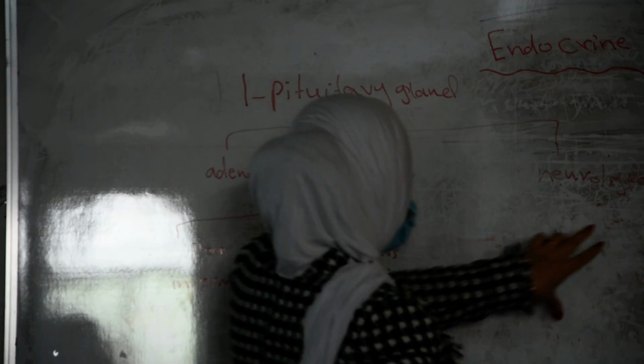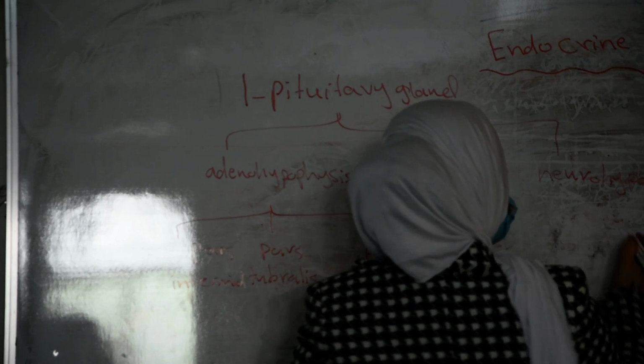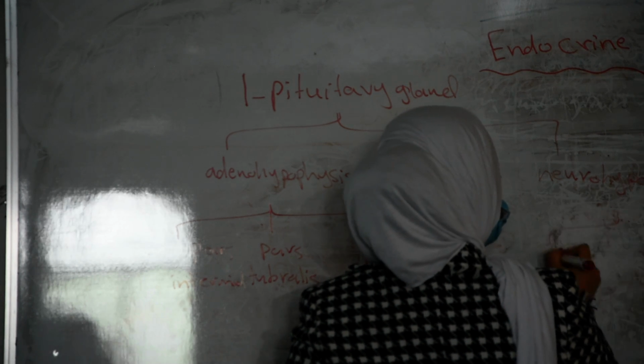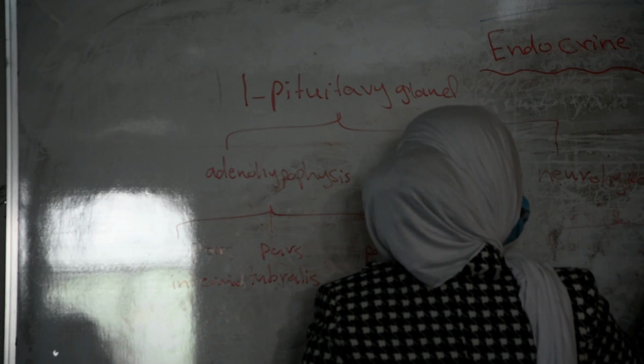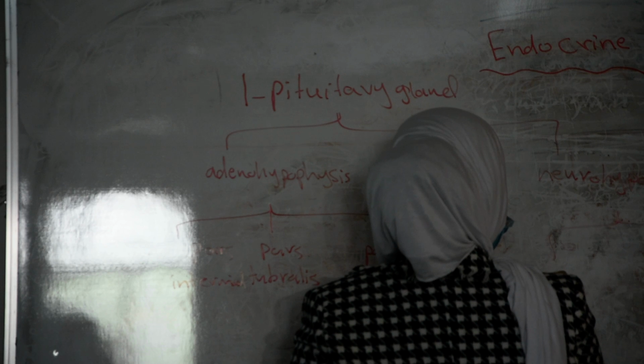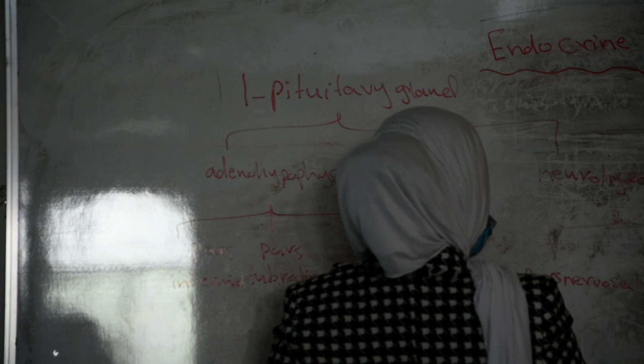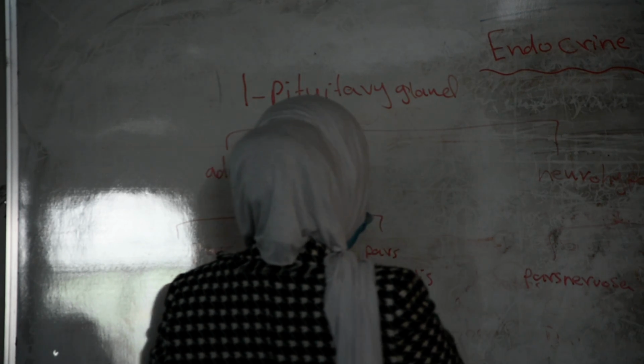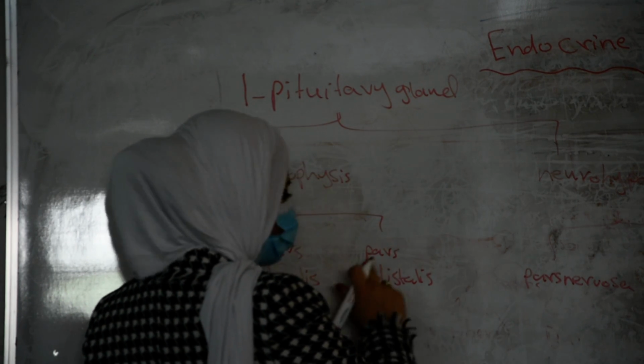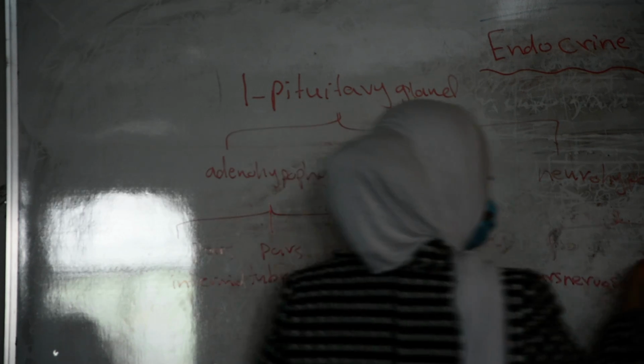Okay, while the neurohypophysis is divided into the pars nervosa, which is the large portion, and the pars distalis is the large portion of the adenohypophysis, okay?